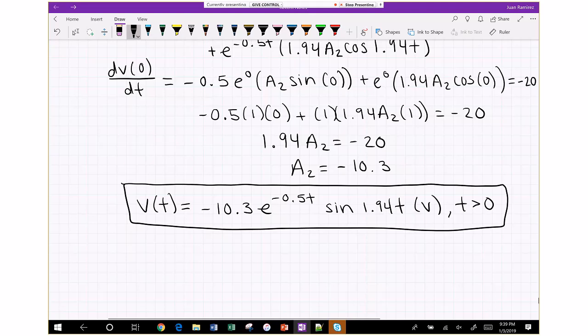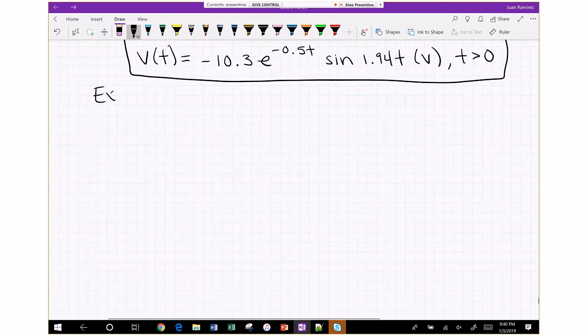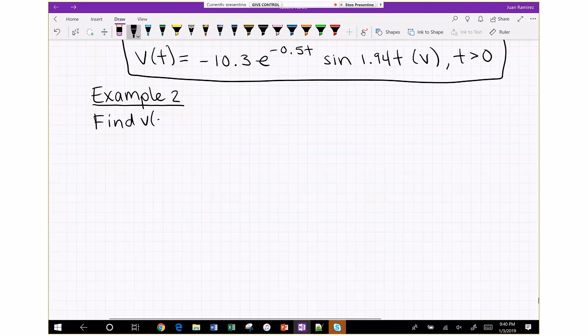Now let's do one more example. Call it example 2. And we're going to look for, again, voltage for time greater than 0.